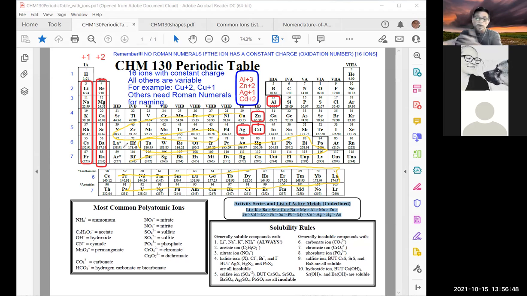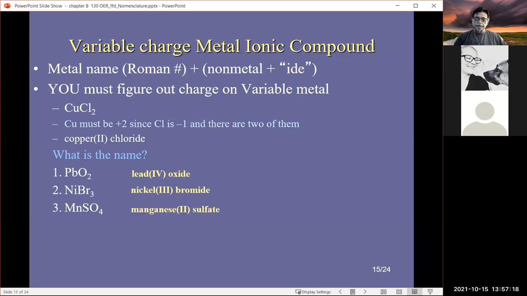And it all depends on what their partner is and what anions they're bonded to. So manganese is not part of the 16. It requires a Roman numeral, and you have to calculate it based on what the anion is. And like you said, the sulfate is a -2, so this is a Roman numeral 2. Manganese, Roman numeral 2, sulfate.